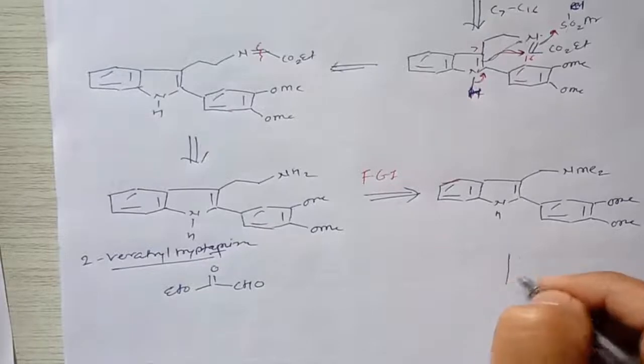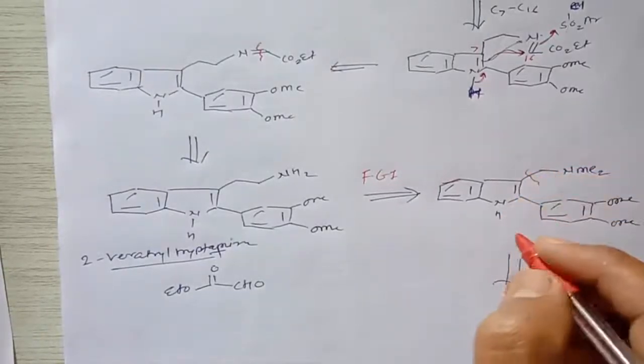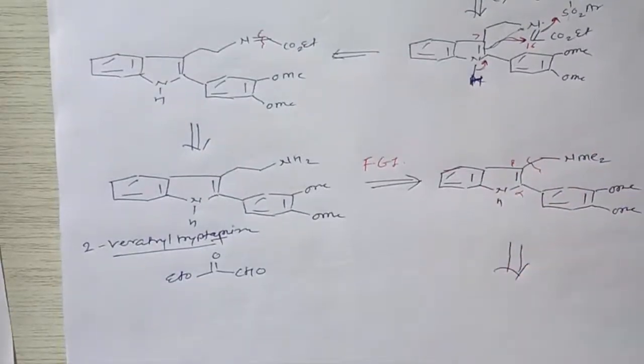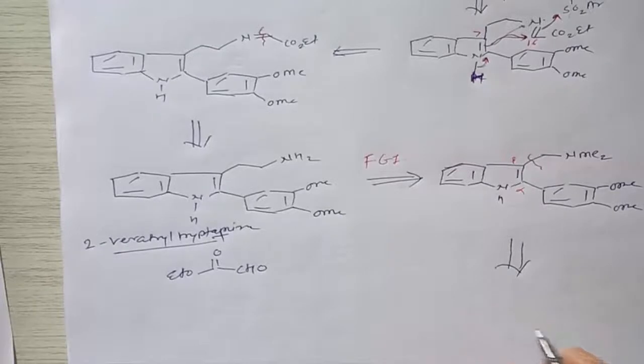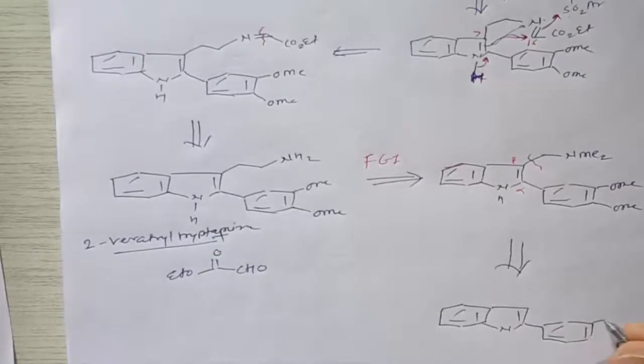Then in the next step we can break this bond, that is called an alpha beta unsaturated system, and here we can break this CC bond, and what we get is a molecule, an aromatic ring containing this, and the remaining function groups will be the same, that is OMe, right?